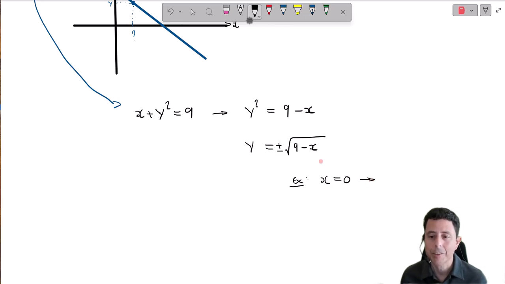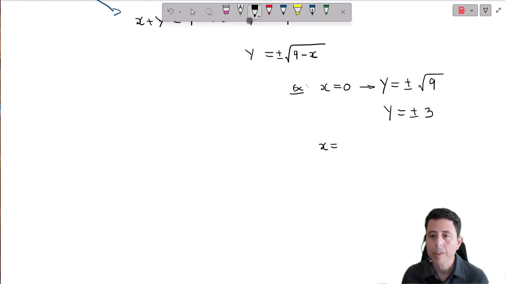If x equals 0, then the y would be plus or minus square root of 9. This is plus or minus 3, right? Here's another example. If x is 5, then y equals plus or minus square root of 9 minus 5, right?